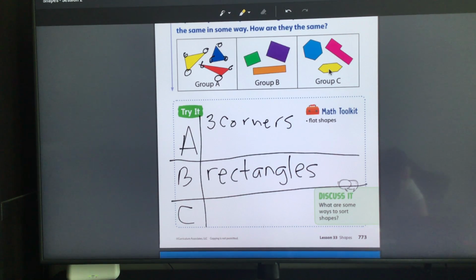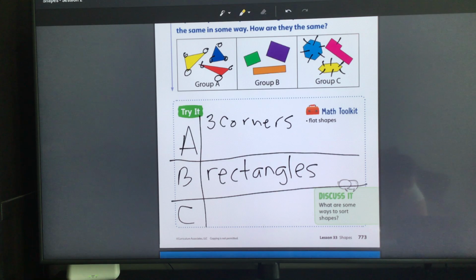Okay, so I'm going to start here. This has 1, 2, 3, 4, 5, 6. Okay, so the blue shape has 6 sides. Let's count the sides on the yellow. 1, 2, it's a little tricky, 3, 4, 5, 6. The yellow one also has 6. Let's count the pink one. That has 1.